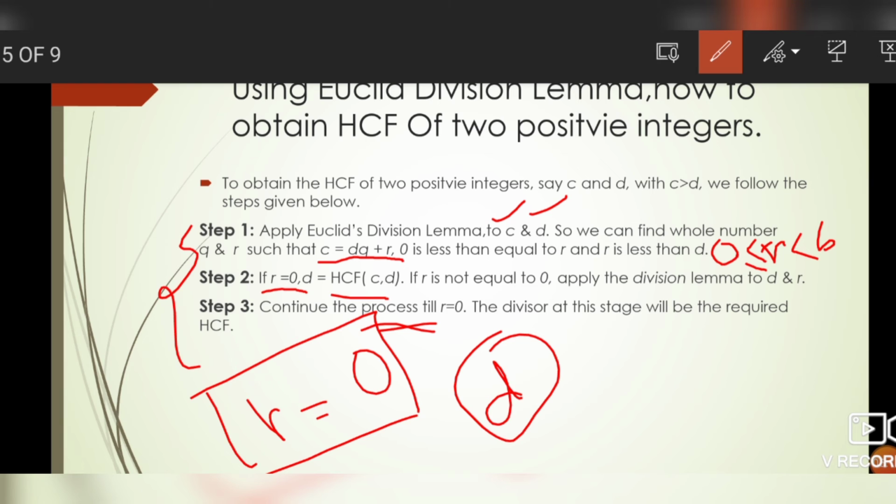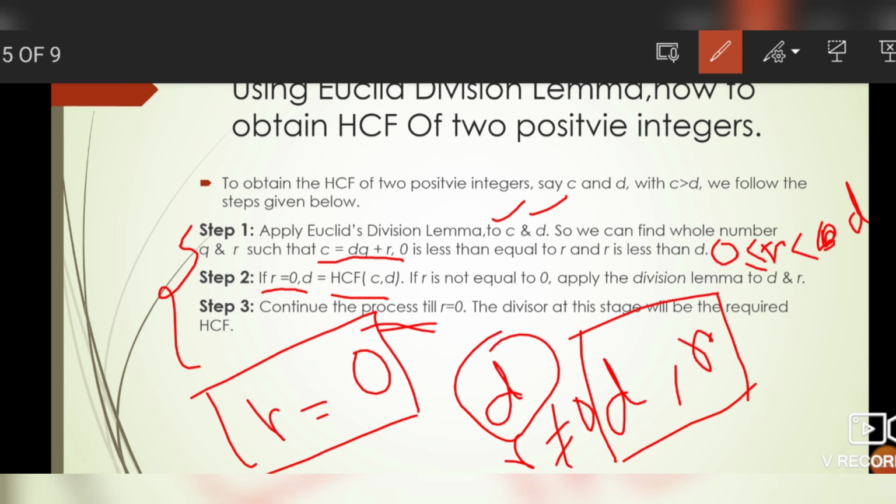The next stage of the process will be with d and r. Sorry, here I have made a mistake. It will not be b, it will be d, since the numbers are c and d. So if r is not equal to 0, then we will use Euclid's division lemma with d and r.